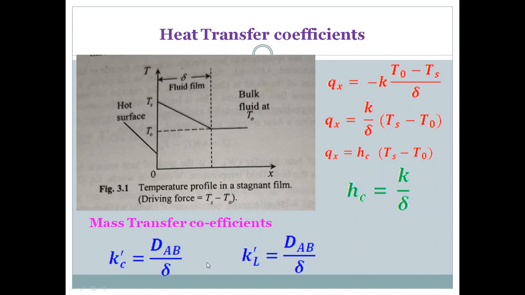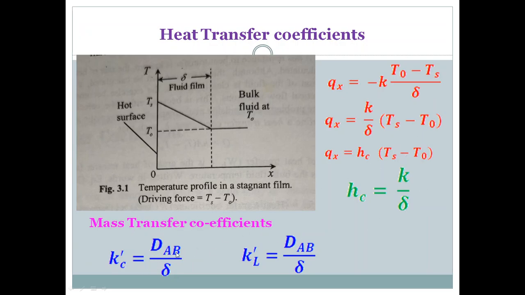This is for gas phase equimolar counter diffusion, whose concentration difference is in terms of molar concentration. For liquid phase, k prime L is the mass transfer coefficient in the liquid phase, again for equimolar counter diffusion, and if molar concentration is the driving force, then it is D AB by delta. In both cases it is very similar, mass transfer coefficient and heat transfer coefficient.